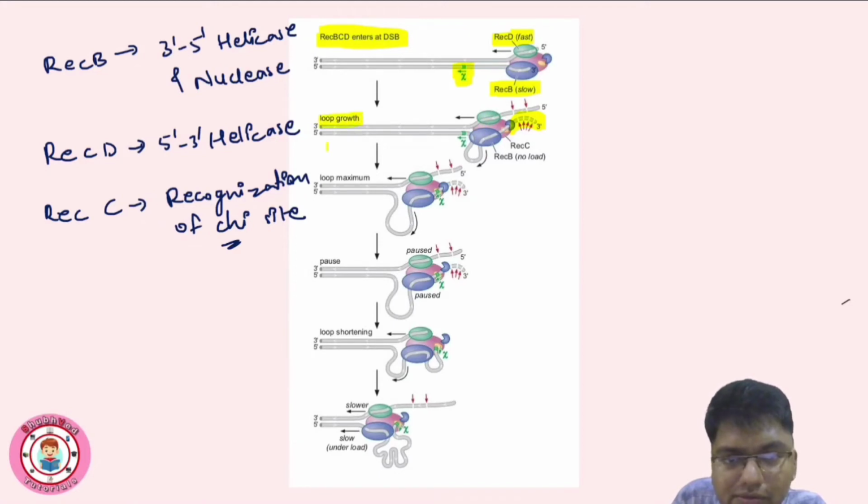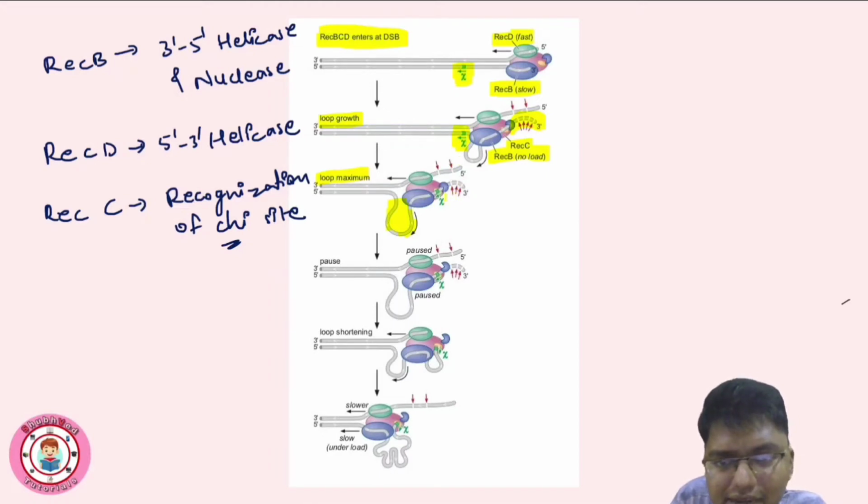Loop growth, and here loop maximum. So what happens? These three proteins are moving in their respective directions. As the chi site comes, the speed of RecB gets low. Then what happens? A loop-like structure is formed.